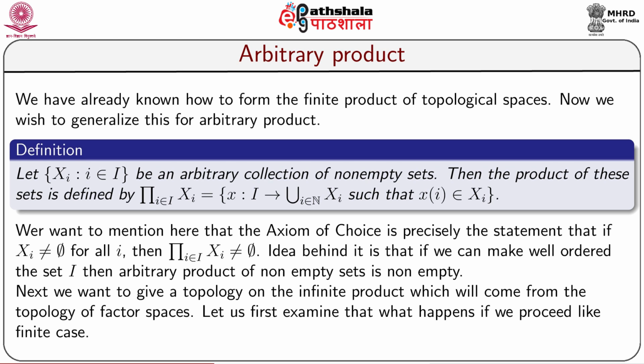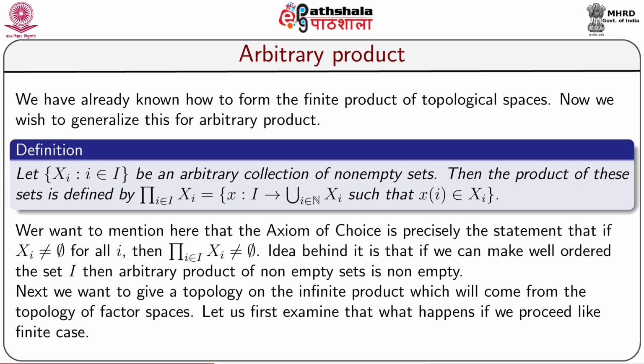But if we take arbitrarily many non-empty sets, that means if we take a collection Xi such that i belongs to I, where I is an arbitrary set, then what will be the product? Let us first define it in the same manner as we discussed for countably infinitely many sets.